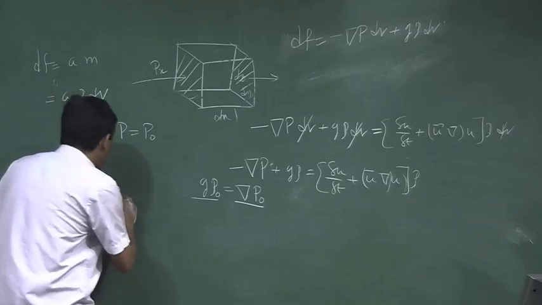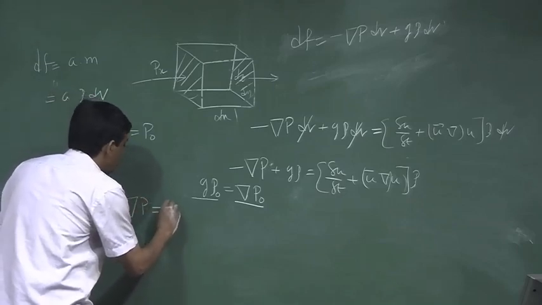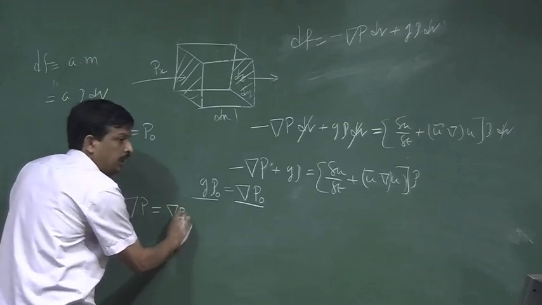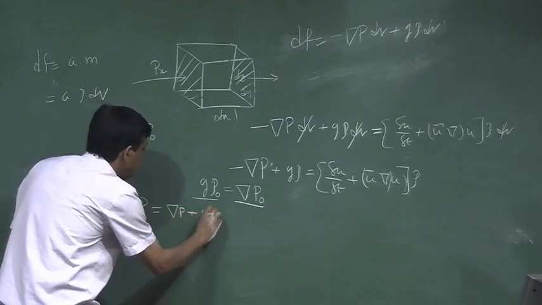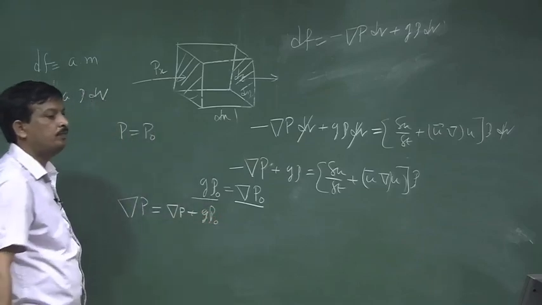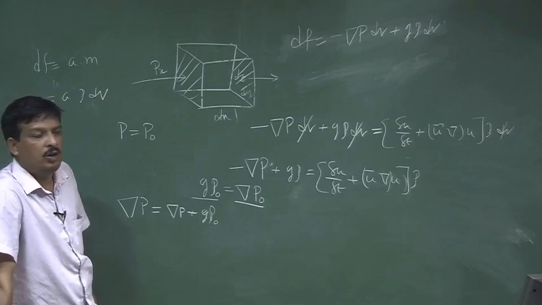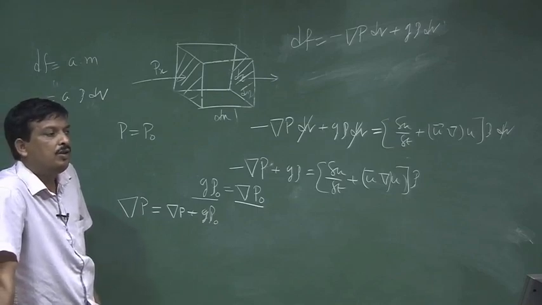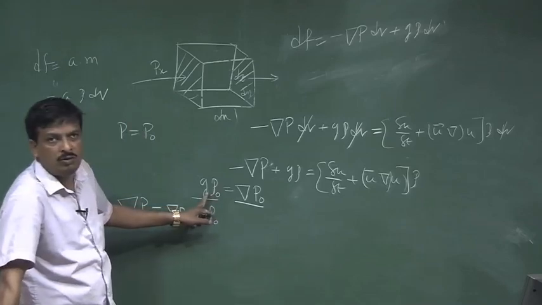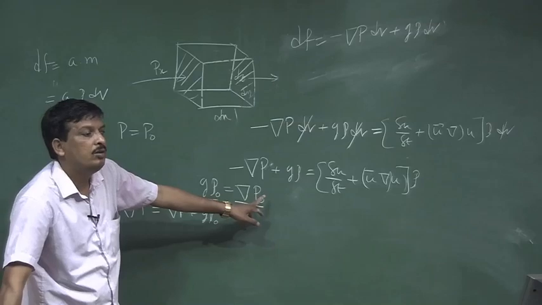So, the total pressure ∇P is equal to small ∇p plus G rho 0. When the acoustic excitation is not there, gravitational force multiplied by the equilibrium density is equal to ∇P0.